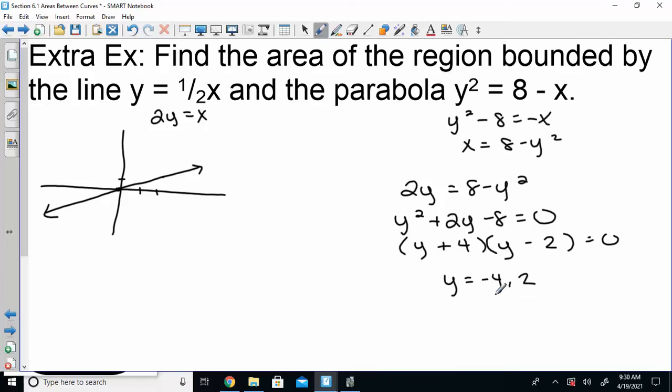If you plug those in, 8 minus 16 is negative 8, so this one meets at negative 4, negative 8. I'm just going to pretend that works. If you put a 2 in for your y, you get 8 minus 4, so that's 4.